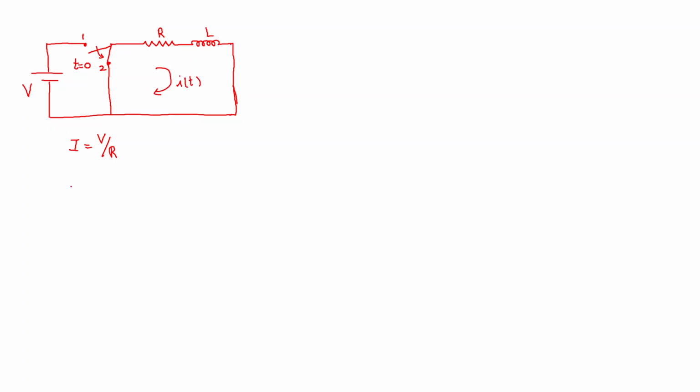Applying KVL, R into i of t plus L into di of t by dt. You can note that there is no supply in this loop now. If there is a supply connected here, then you can write that on the right hand side.